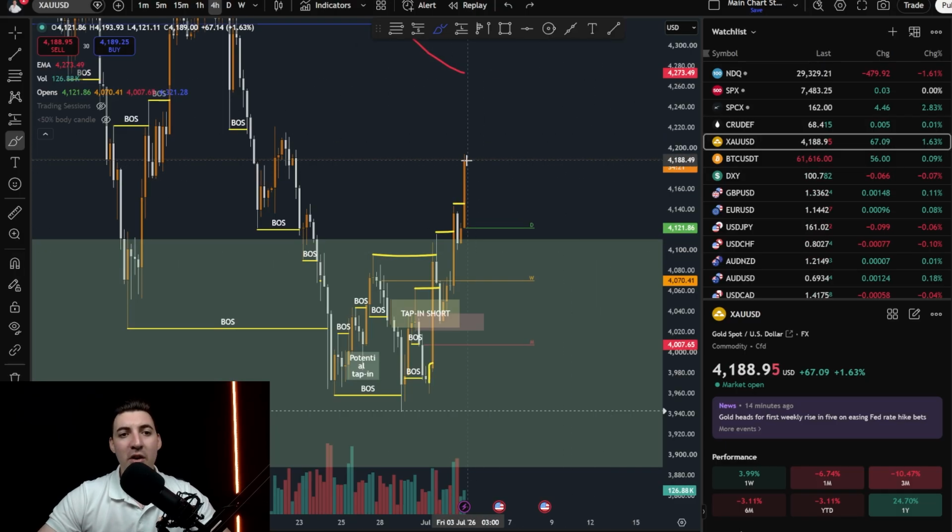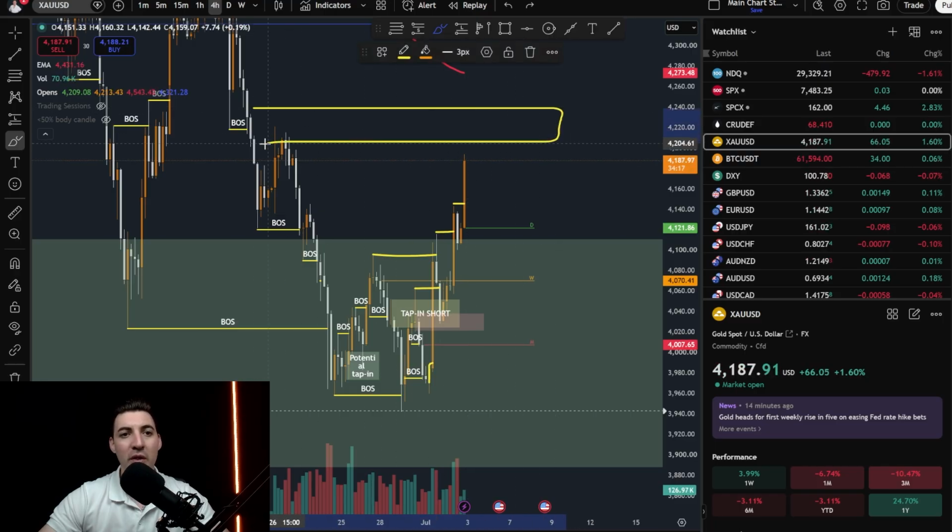So what we're likely going to wait for is, I'm a little bit cautious of this region here. What we might end up seeing is something like this, where we'll continue pushing up to the zone or almost just below this zone. And then we might see a push down to roughly around here and then a push up.